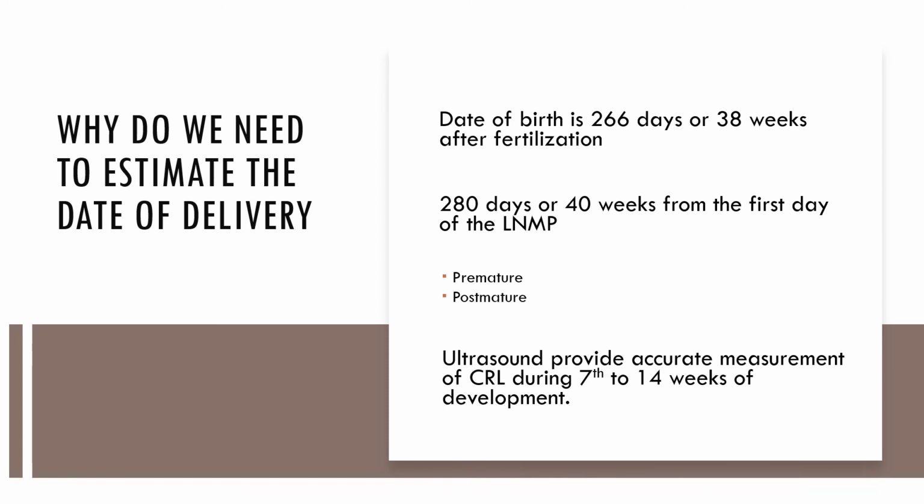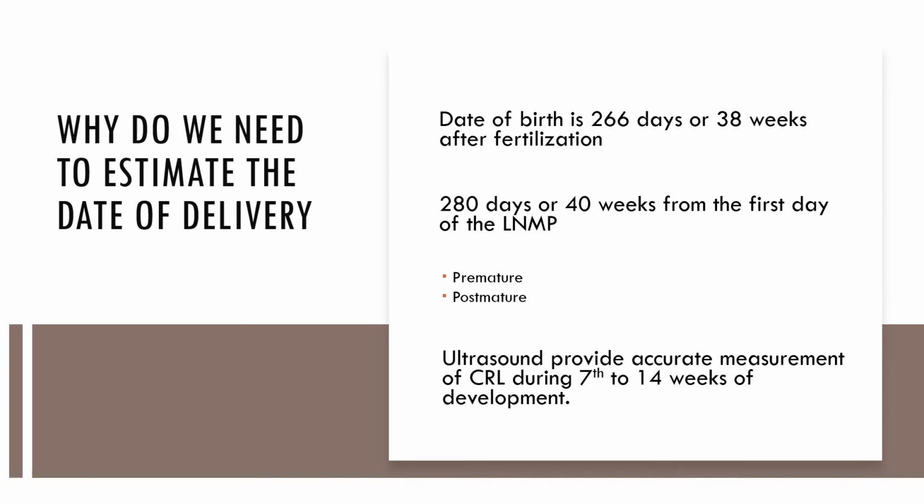Another complication in computing the estimated date of delivery would be the occasional erosion of the endometrium resulting in bleeding during implantation, so the woman might confuse that as a menstrual period. And so the date of delivery is not always easy to determine.